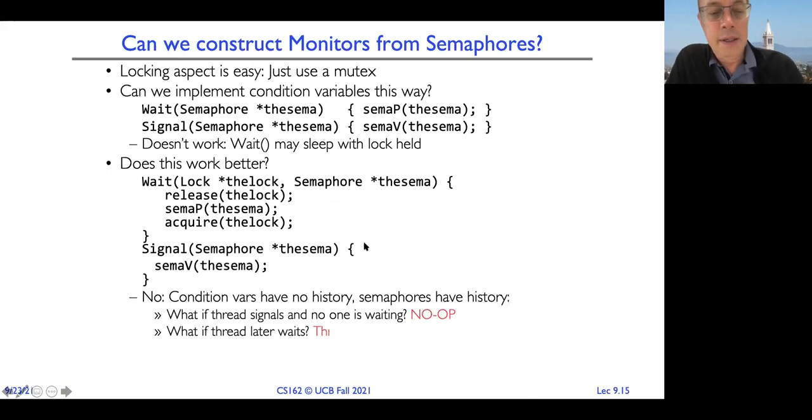Yes, this is exactly what I said. If the thread signals and no one is waiting, there is no op. If a thread later waits, then it's a problem with semaphores, because you wait with a lock, and the other thread cannot increment the semaphore which corresponds to the lock.